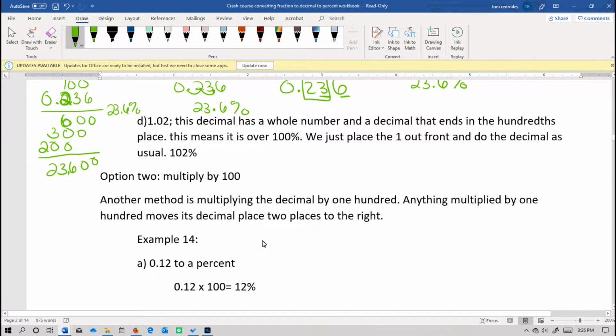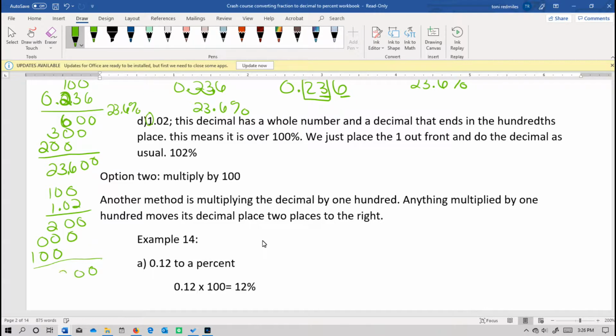1.1. So this is over 1 whole percent because look, I have a whole number. But let's multiply it and see what happens this time. I put in 2 place values, and I get 110%.